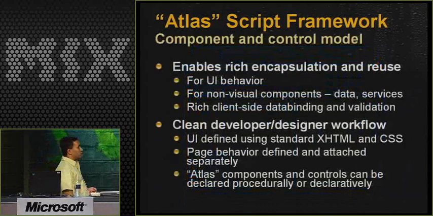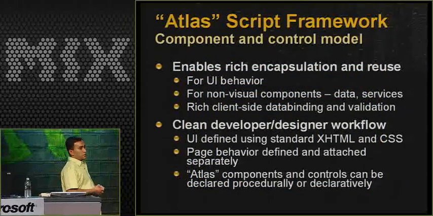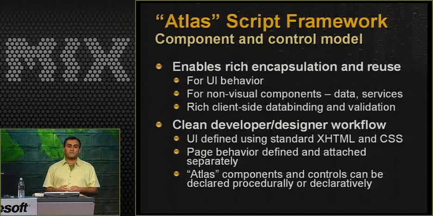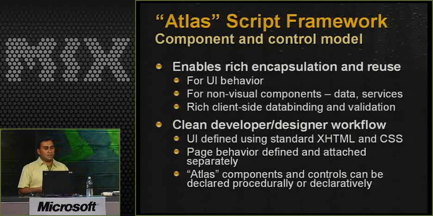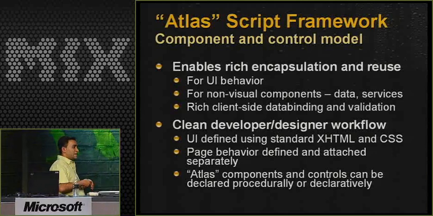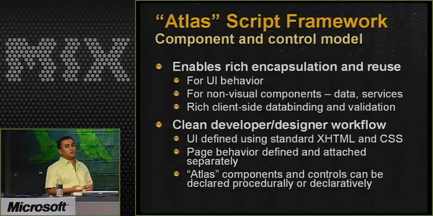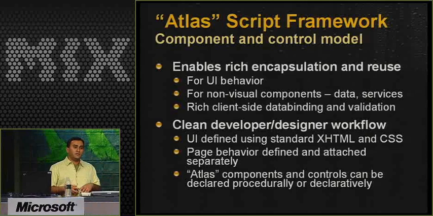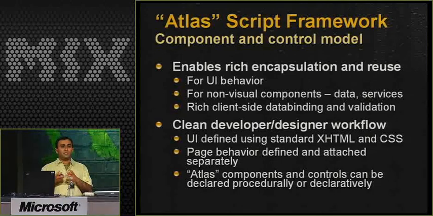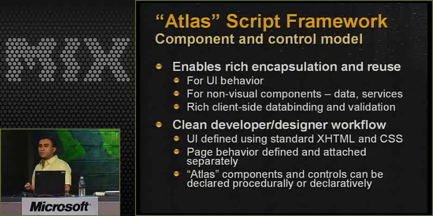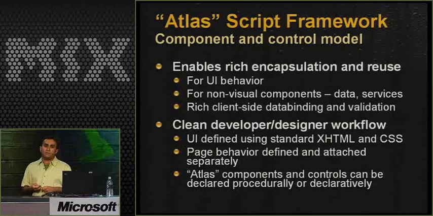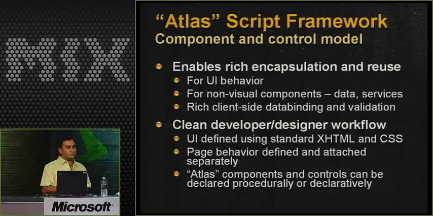And Atlas actually includes this rich component model that provides a framework for building these kinds of apps. Atlas has a set of components that let you just take UI behavior as well as non-UI behavior and just package those things into some rich client-side components. And then you can go ahead and wire those things up very easily to build an app.